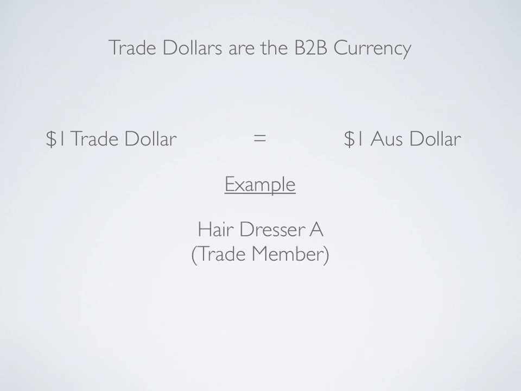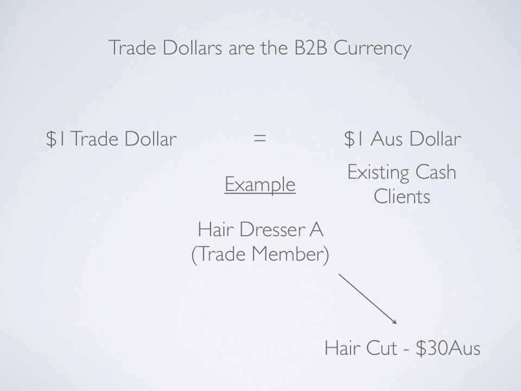Now, there is a misconception in the marketplace that a trade dollar is not worth as much as an Australian dollar or a US dollar, whatever it is. Here's an example of how a true trade exchange should work and why $1 should equal $1. You've got a hairdresser here. He's got his existing cash clients. They come in whether there's a trade exchange or not. They pay $30 for a haircut.